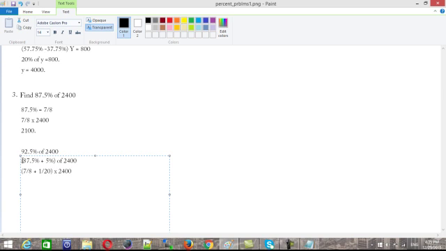Now if we solve this, it becomes 7 by 8 into 2400 plus 1 by 20 into 2400. So if we solve this, we will get the value as 2220. So the final solution for 92.5% of 2400 is 2220. So in case we get questions like this, we have to split them as follows and solve the problem.